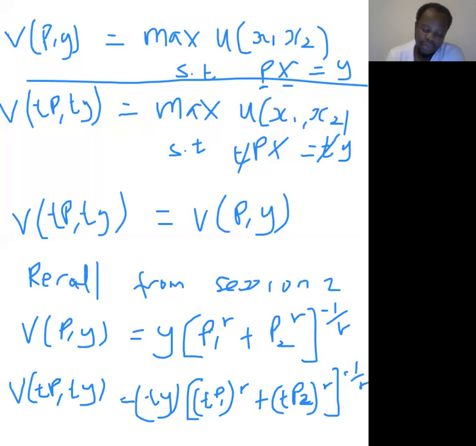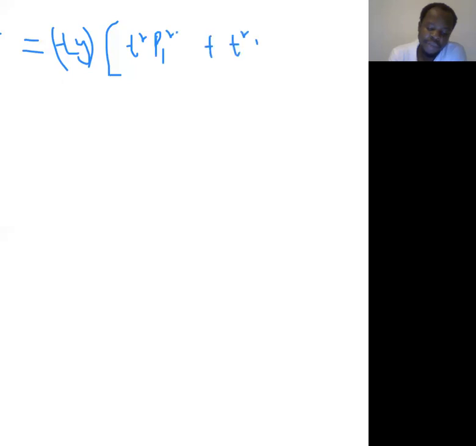Now let's try and do some simplifications. So if you're going to do simplification, we still have V of TP, TY is equal to what? TY into brackets. I'm going to bring out a T^r, right? We'll have T^r P1^r plus T^r P2^r into bracket -1 over r. Okay?